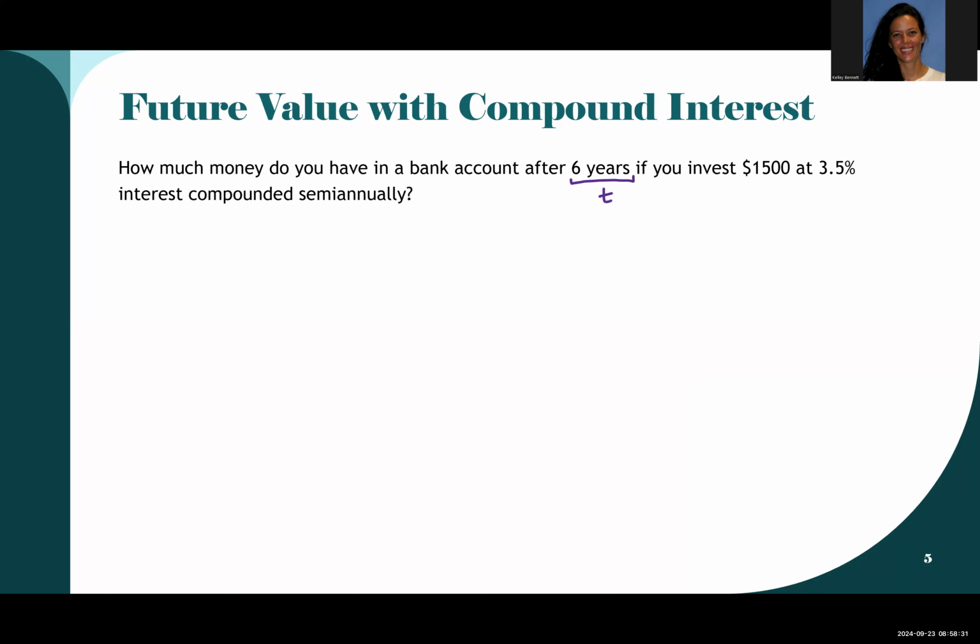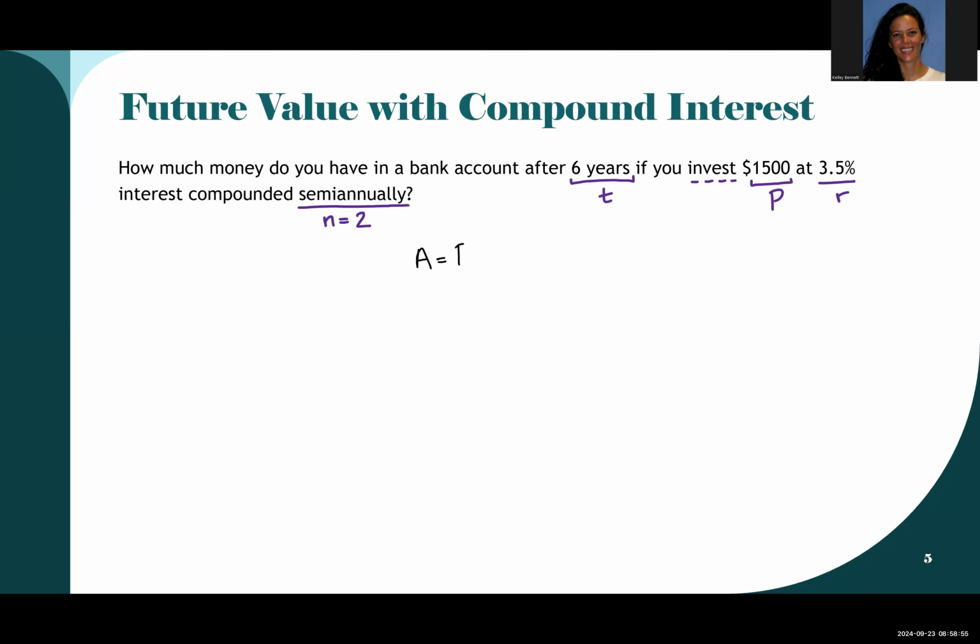The first one that comes up is 6 years, so that's going to be our T. We're investing 1,500, the initial amount we put in, so that's P, our principal. 3.5% is our rate. It says compounded semi-annually, and we just mentioned that that was N equals 2, or twice a year.